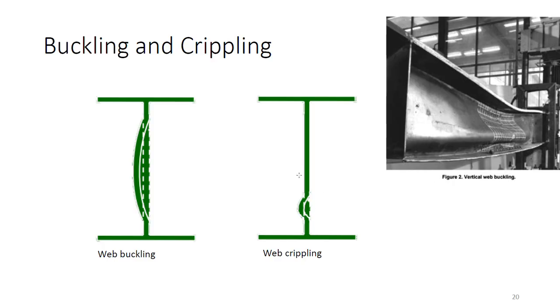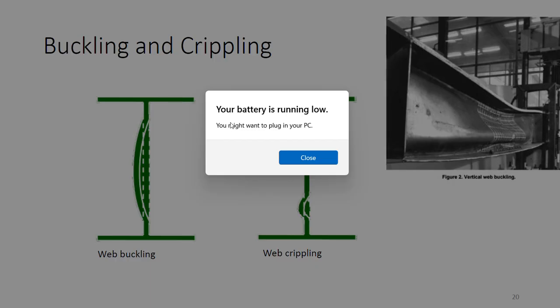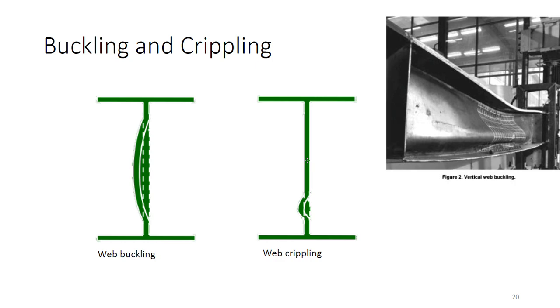If you see the second green diagram, web crippling has been observed in this particular beam. Similarly, web buckling: when the total flange of the beam deflects aside, moving away from its original neutral axis, vertical axis, then the buckling of the beam we call overall buckling or web buckling of the beam.